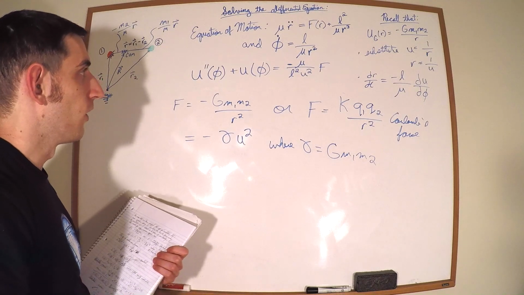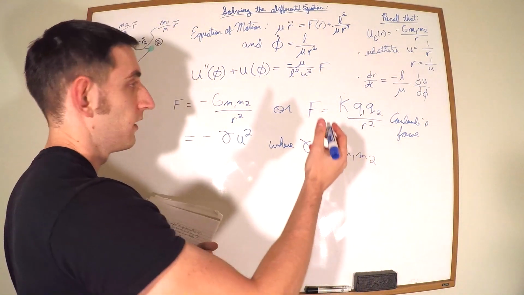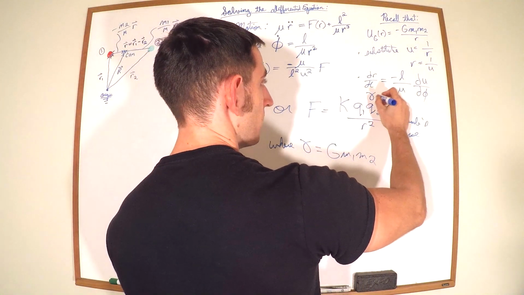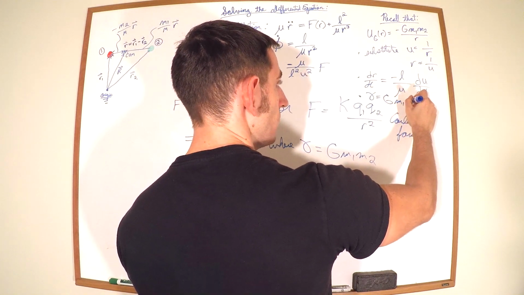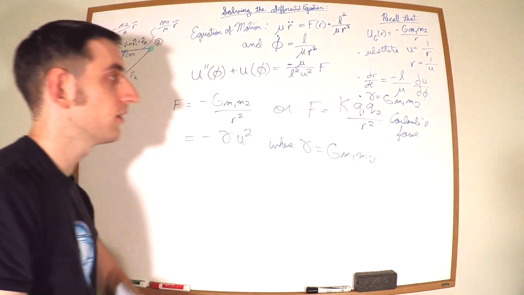Okay, so I'm going to put that up there. Right here, we're going to say gamma is equal to G M1 M2. We got it stored on our board.